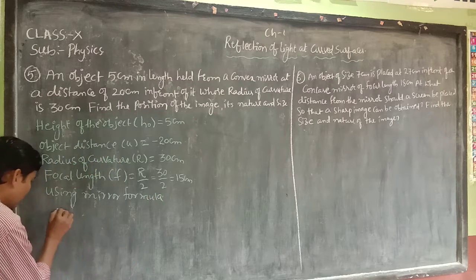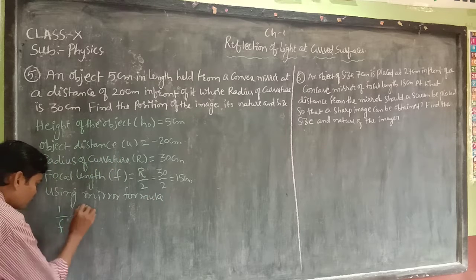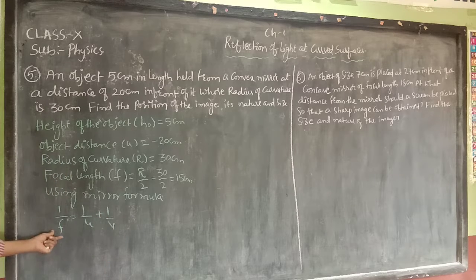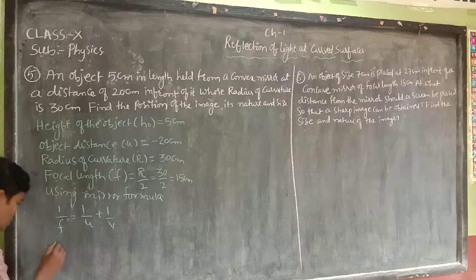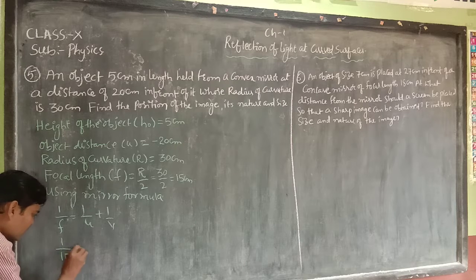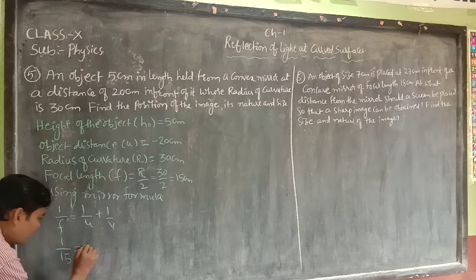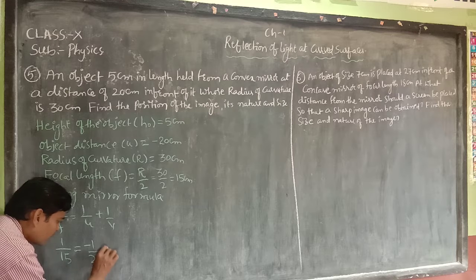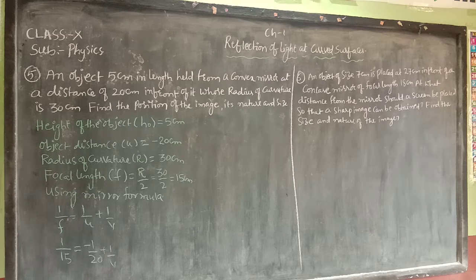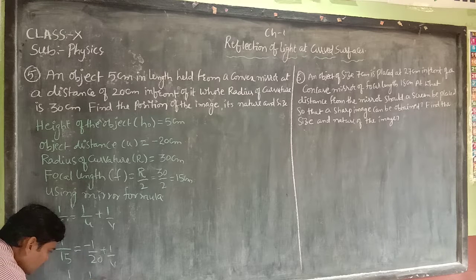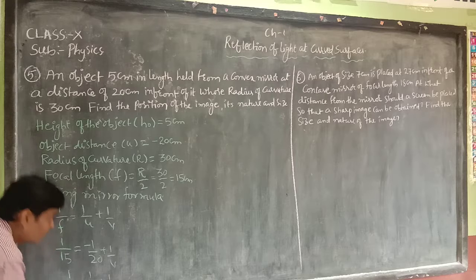What is the mirror formula? 1 by F is equal to 1 by U plus 1 by V. Here the focal length we already know is 15 centimeters. So 1 by 15 is equal to, object distance is minus 20, so minus 1 by 20 plus 1 by V. So now 1 by V is equal to 1 by 15 plus 1 by 20.